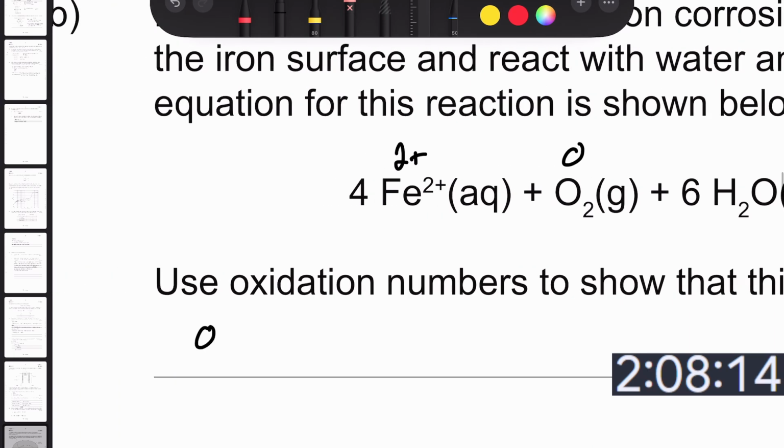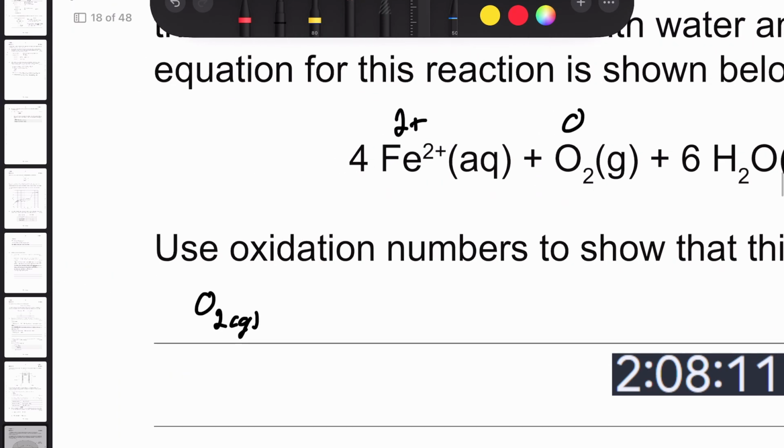So let's do the first one. So oxygen oxidation number.